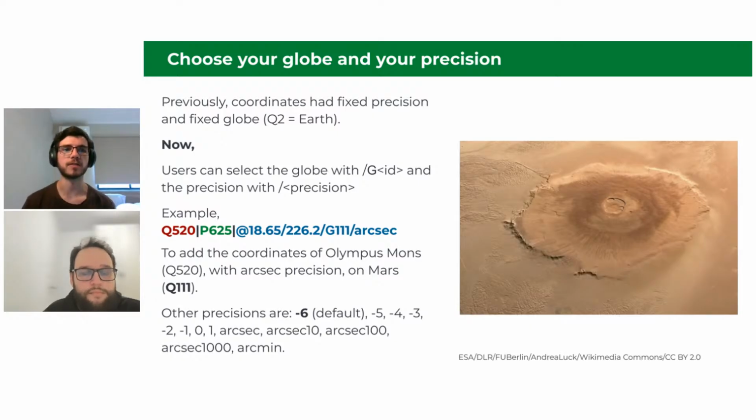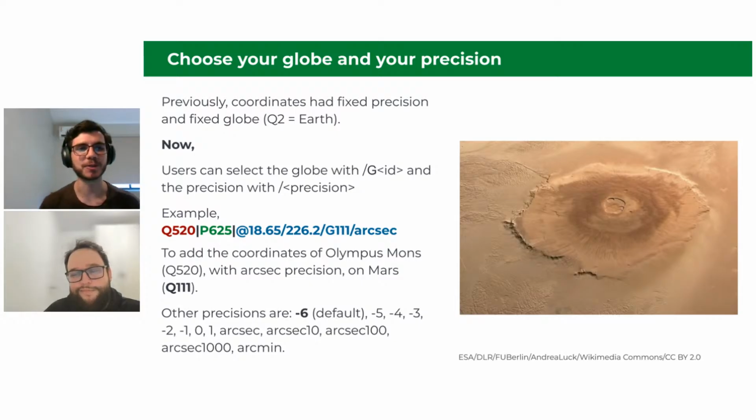Those are the values for the precisions. We also have arcsec, an arc of the second, and also arcsec 10, arcsec 100, arcsec 1000, which are fractions of arcsec, and arcminute. So you can choose a lot of precisions to input your data with very high quality.